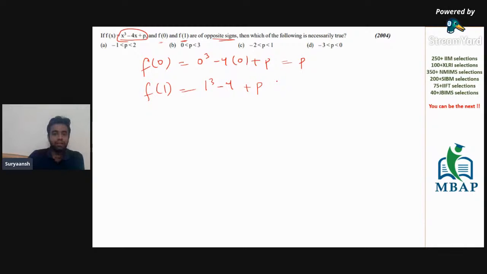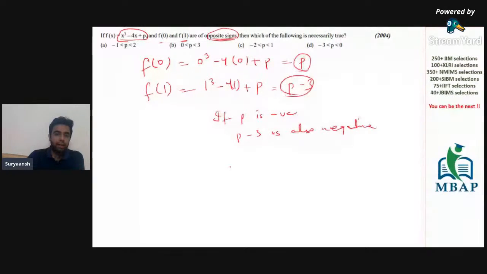That is p minus 3. If p is negative, then p minus 3 would also be negative.